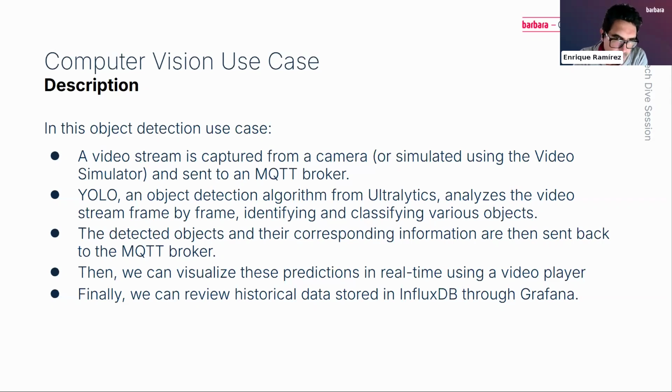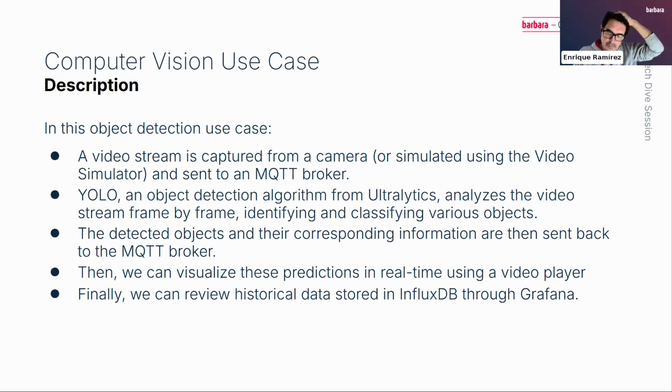So once we have the video information in the broker, we will use a YOLO model, okay, from an application we have available in the marketplace from Ultralytics that basically analyzes the video frame by frame and identifies different objects. Okay, so you can detect people, cars, trucks, traffic lights, different kinds of objects. So it is going to make this analysis in the video. It will detect the objects.